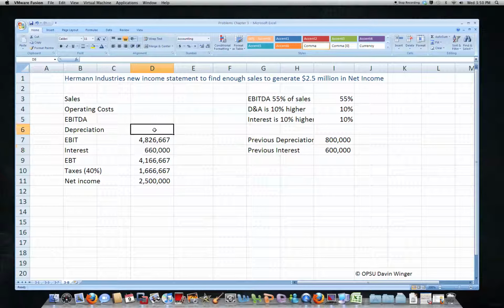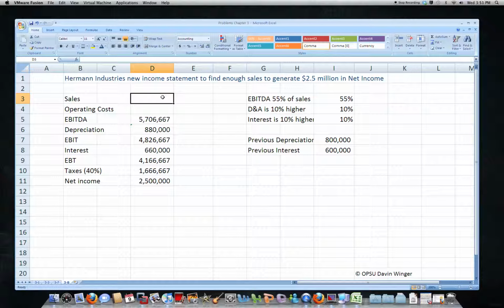Our depreciation is also 10% higher. So here's our previous depreciation times 1.10. And then we can find our EBITDA by adding our EBIT plus our depreciation.